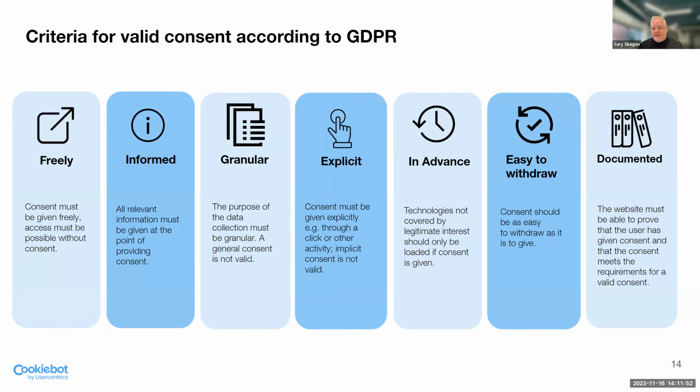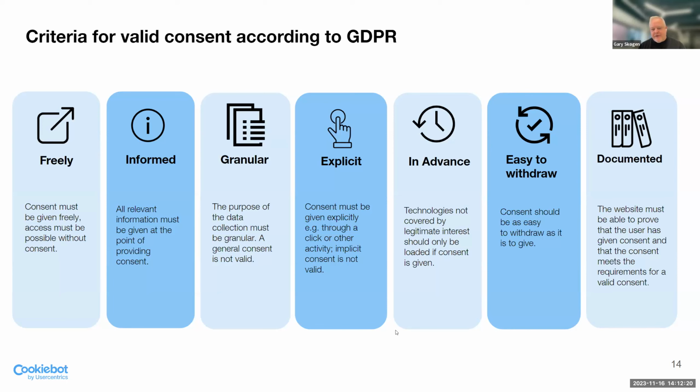And it needs to be explicit. No guessing games of if I click on this link, it gives me consent, or if I scroll on this website, I have actively consented. So that's one of the key portions of GDPR. In advance, technology not covered by legitimate interest should only be loaded if consent is given.